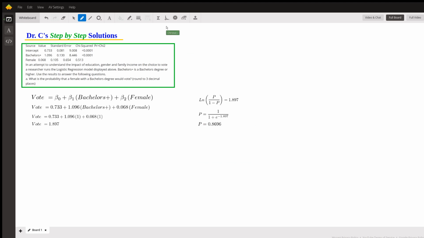0.8696 if you round to 4 decimal places. It did tell you to round to 3, so essentially you could round this to 0.870. That's what I would do if we're rounding to 3 decimal places.